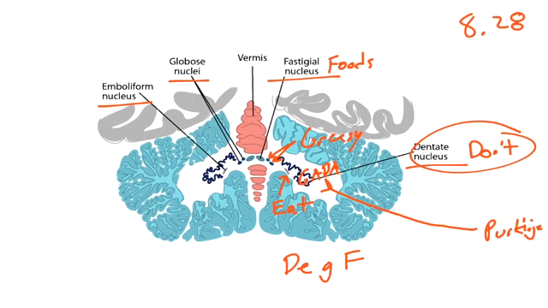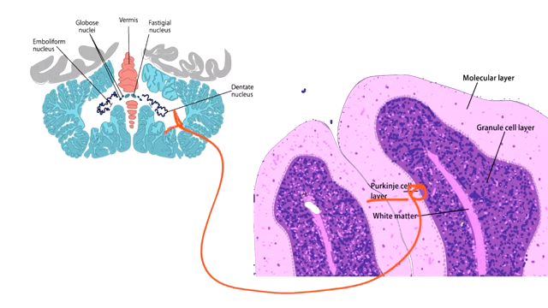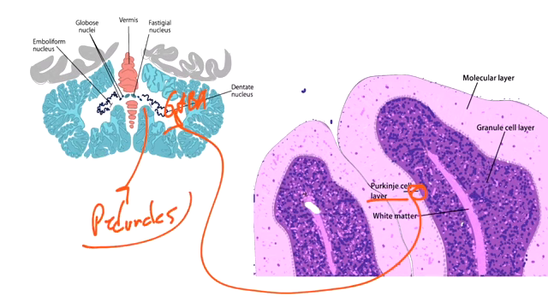And these nuclei will then send out axons through the peduncles, which we will talk about next. So if we put figures 8.27 and 8.28 side by side, we can see that a signal from the Purkinje cell will go to the deep nuclei, where GABA is released, and then the nuclei will send a signal out the peduncles.